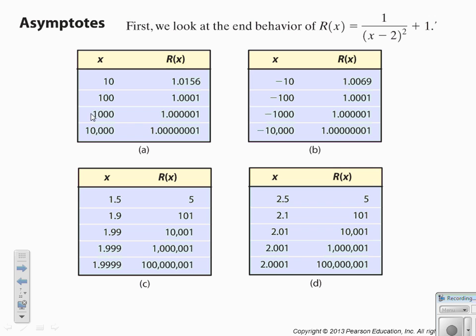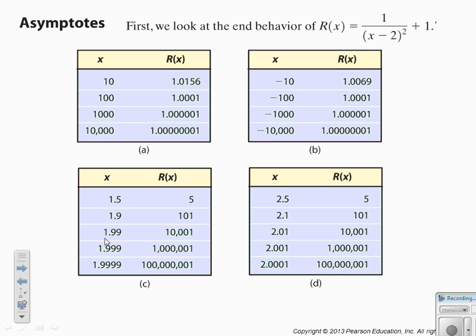When I put in 10,000, we get out a number that's really close to 1. So as we get bigger x values on the right-hand side, the graph swoops in and gets really close to y equals 1. And on the really, really negative left-hand side, we also get really close to y equals 1.